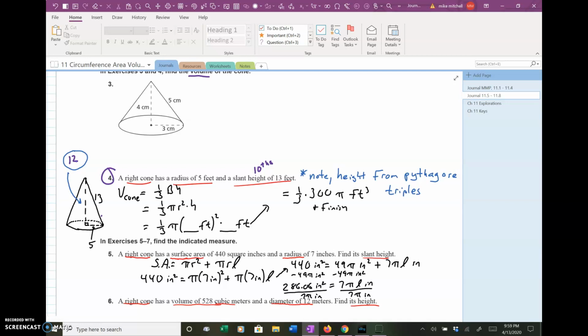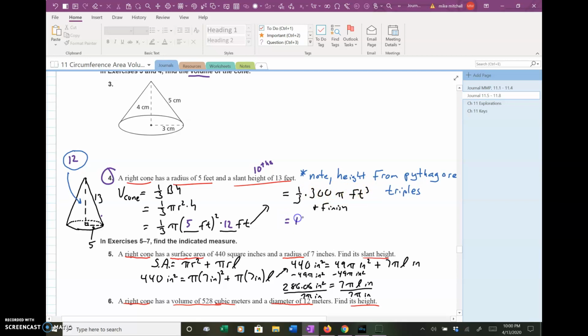Start plugging in your numbers. Our radius is 5 feet, and that's going to get squared. Our height is 12. That's going to give me 5 times 5 squared is 25. 25 times 12 is 300. I got 1/3 times 300 pi feet cubed.